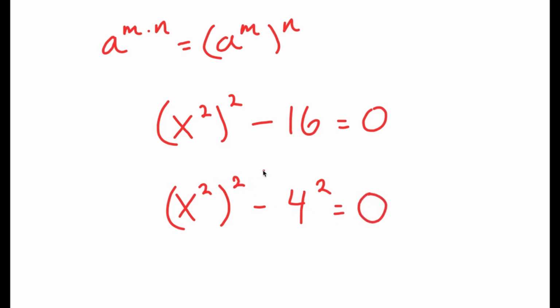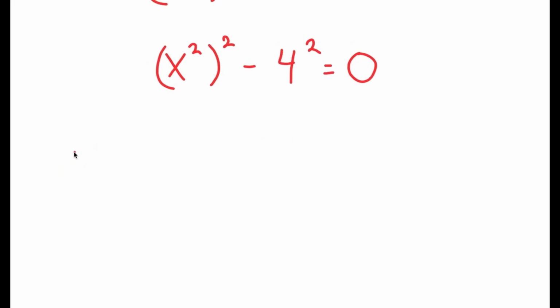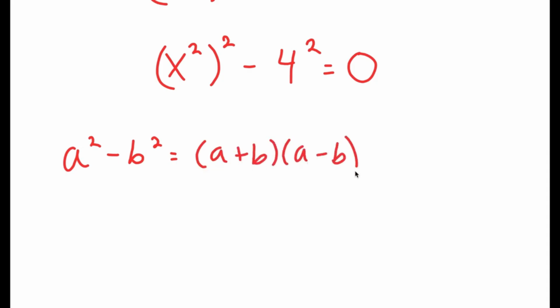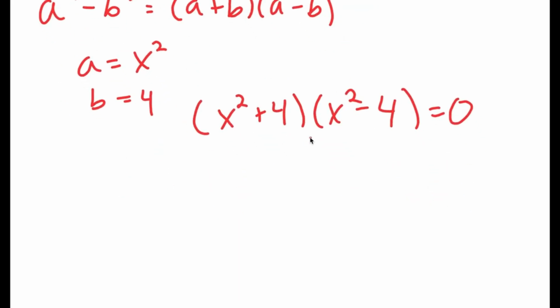So now I have x to the power of 2, to the power of 2, minus 4 squared is equal to 0. And if I have something in the form a squared minus b squared, this is equal to a plus b times a minus b. So in this case, a is x squared and b is 4. So this turns into x squared plus 4 times x squared minus 4 is equal to 0.